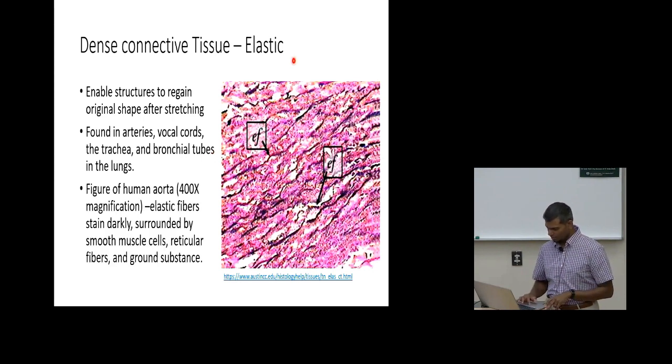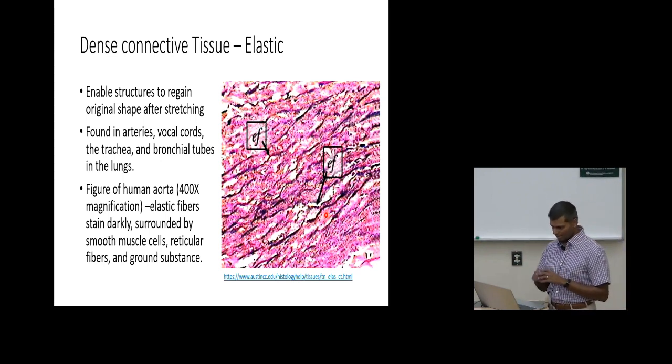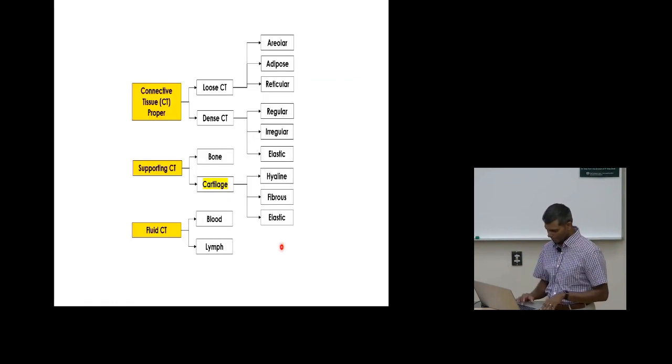What you see here is a picture of a human aorta magnified many hundred times, and these dark lines are the elastic fibers. We did talk about the darkly stained elastic fibers when I mentioned areolar connective tissue, and here you see these are darkly stained. The interesting thing is you will also be able to see smooth muscles in this area and the ground substance as well surrounding these elastic fibers.